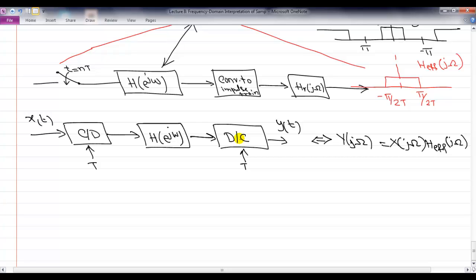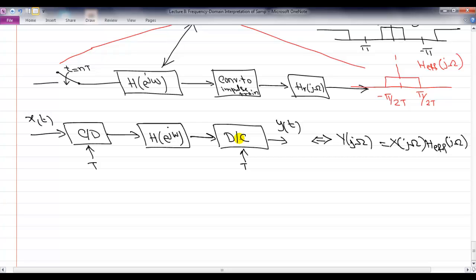So what will happen in the real world is someone will give you a continuous time signal and want you to do some sort of an operation, typically described in terms of frequencies.